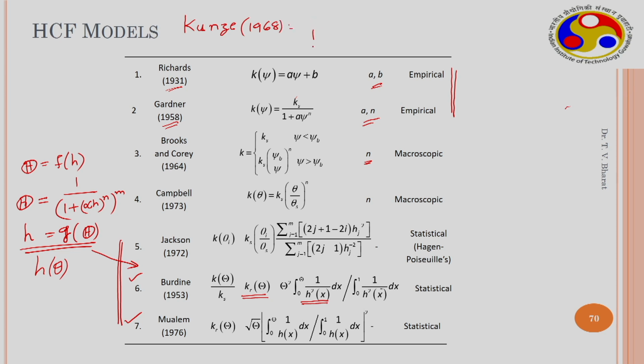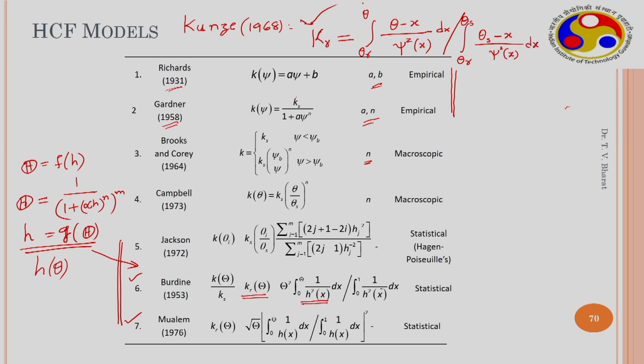Kr equals integral from theta r to theta of (theta minus x) by psi square x dx, divided by integral from theta r to theta s of (theta s minus x) by psi square x dx.